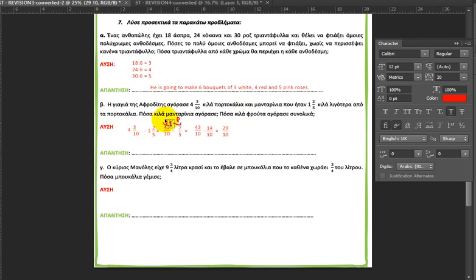So to find the amount of kilograms of fruit, we would have to add this and this. So we're going to do 43 tenths plus 29 tenths.